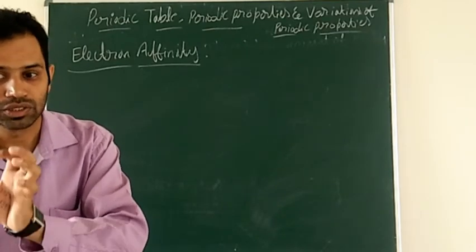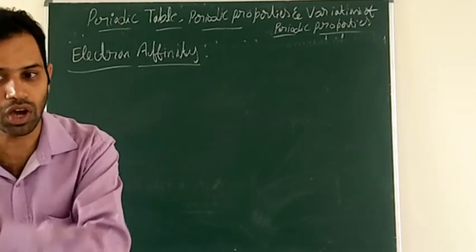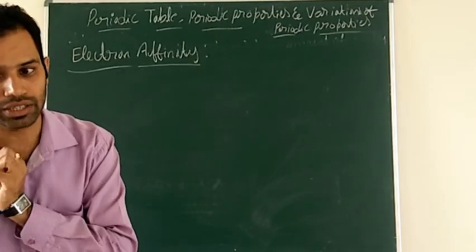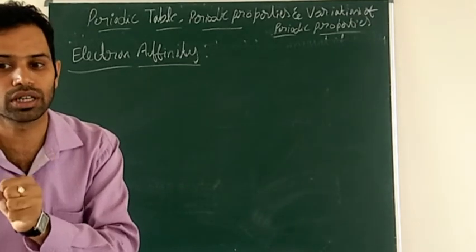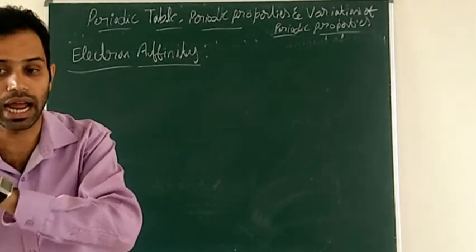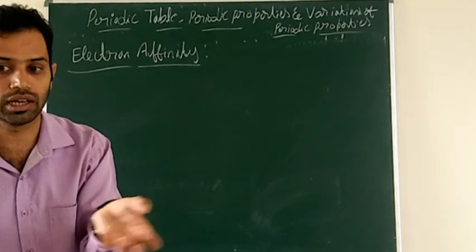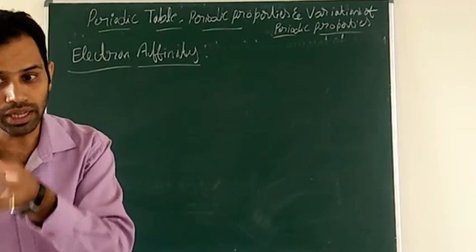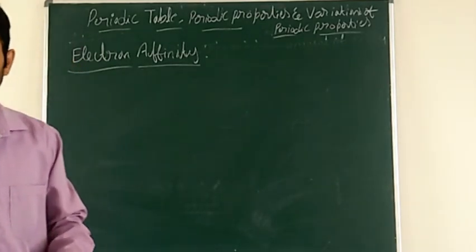After losing the electron, they become metal ions, whereas non-metals will gain electrons. At that time also, some amount of energy is released while adding the electron to their outermost shell. That is called electron affinity.